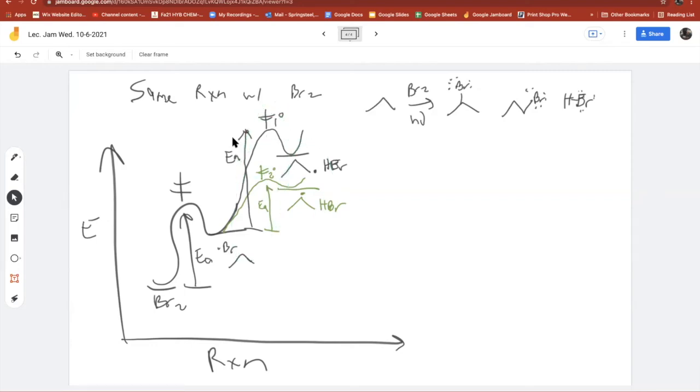Let's go through it. So let's draw the transition states. So for the primary transition state, what does it look more like, reactants or products? Is this transition state closer to the products or is it closer to the reactants? Looks more like the products. So that means this hydrogen is going to be almost completely gone.